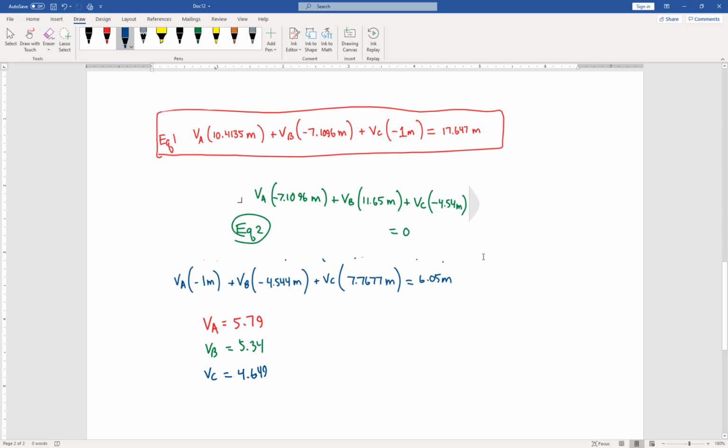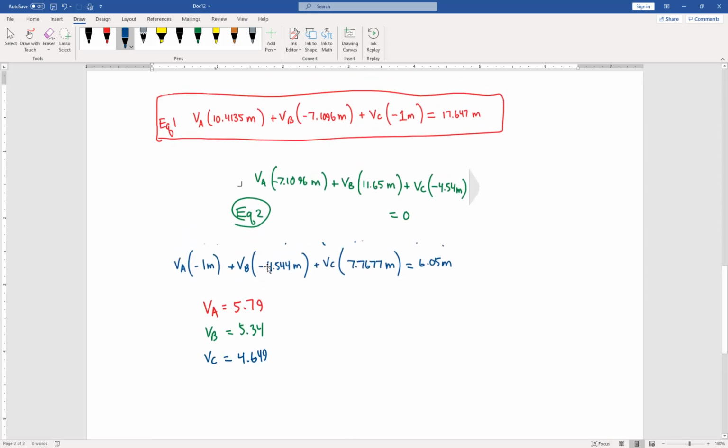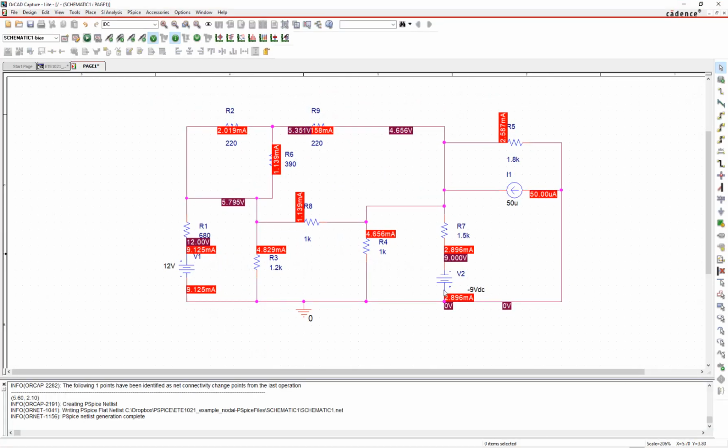Alright, can we do a check to see if this is any good? How about we go to PSpice?